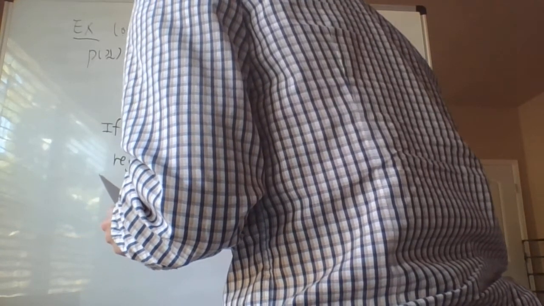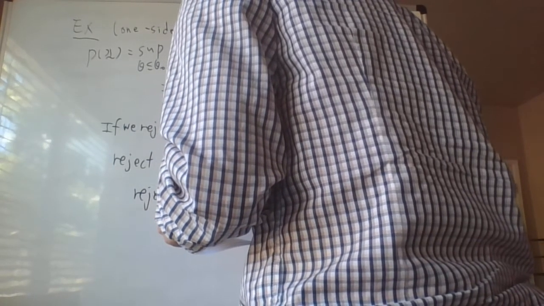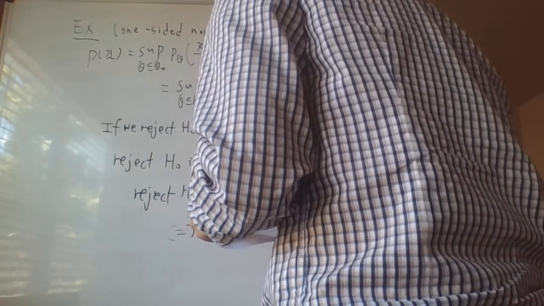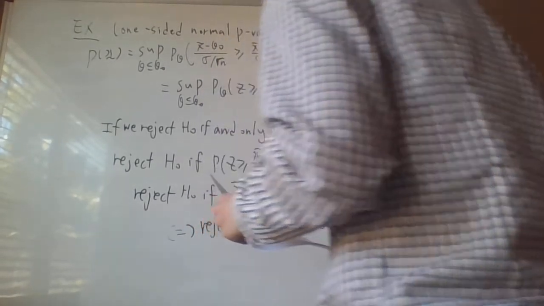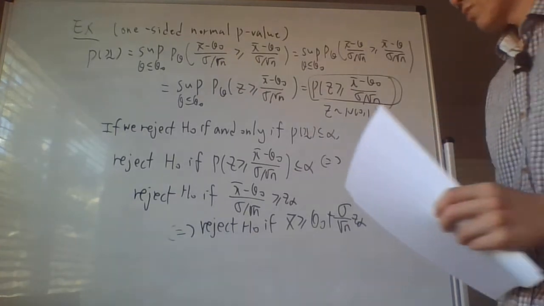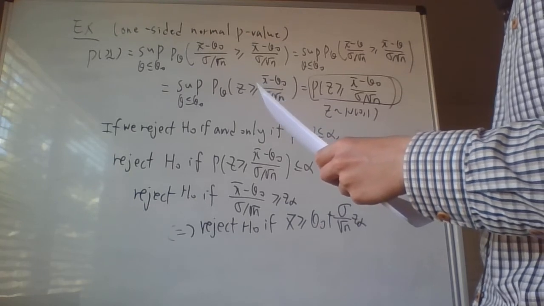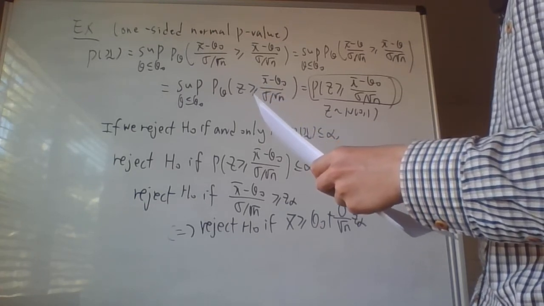That is, x bar is greater or equal to theta 0 plus sigma divided by square root n times z alpha. So we get the same test as the likelihood ratio size alpha test derived before.